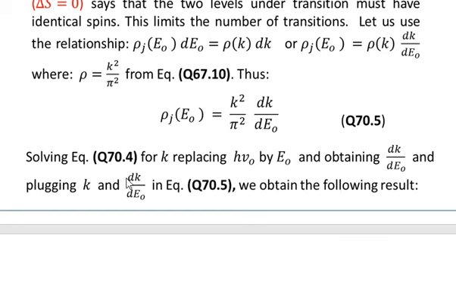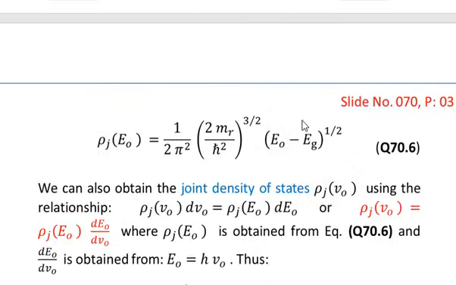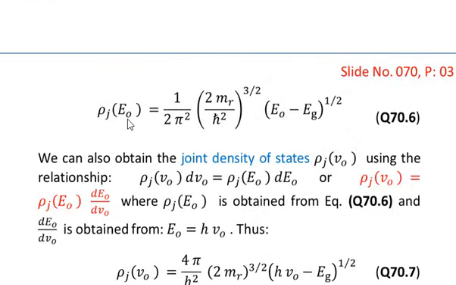Then plugging k and its dk over dE naught in equation number 5, we shall obtain the following result: rho j of E naught is equal to 1 over 2 pi square, times 2 mr over h bar square raised to power 3 by 2, multiplied by E naught minus Eg raised to power half, or the square root of E naught minus Eg.